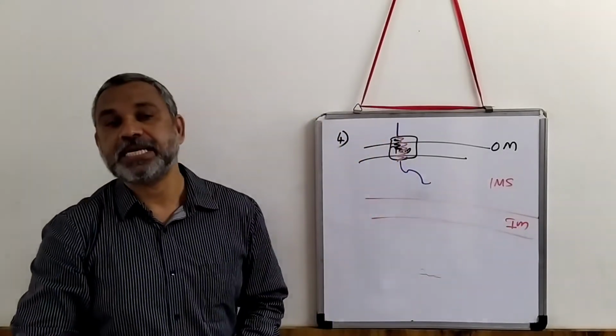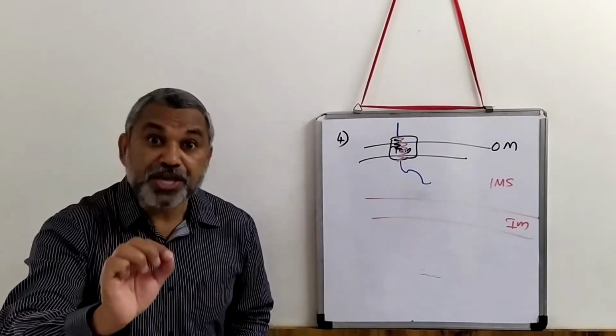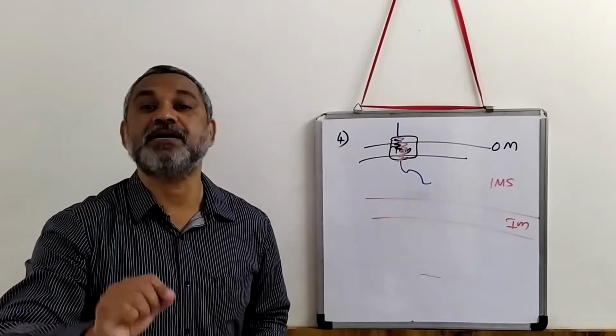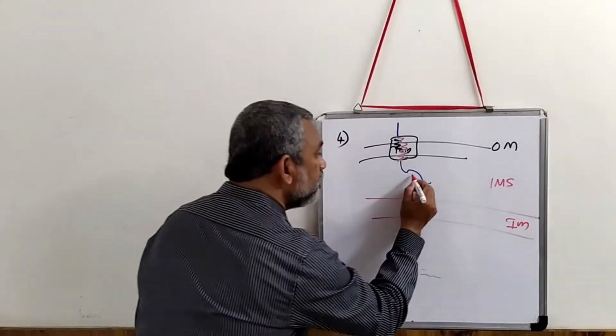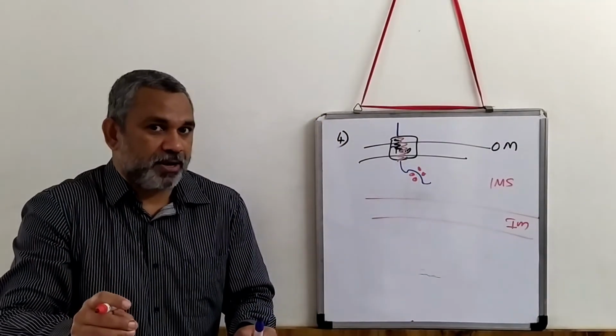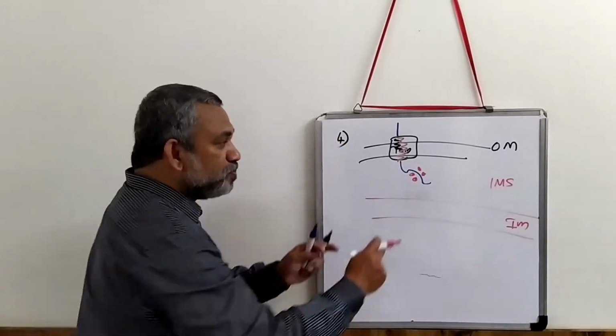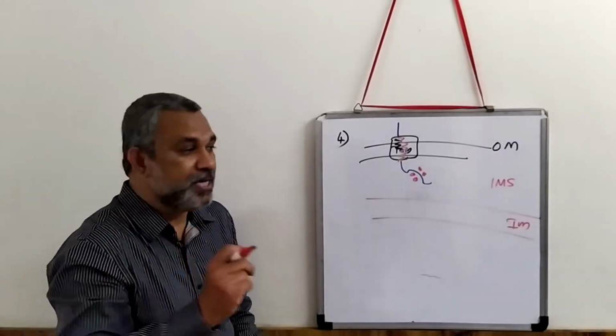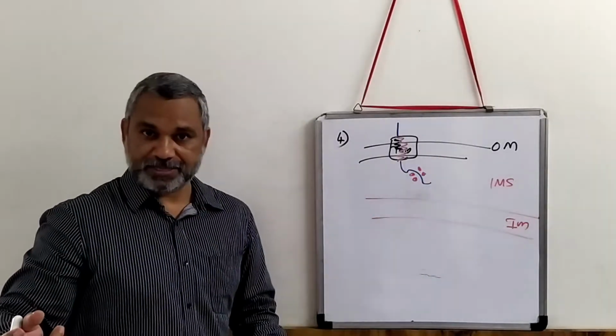There are molecular chaperones present in the inner mitochondrial membrane space. These molecular chaperones will bind on this protein. After binding, they will help the protein to fold.